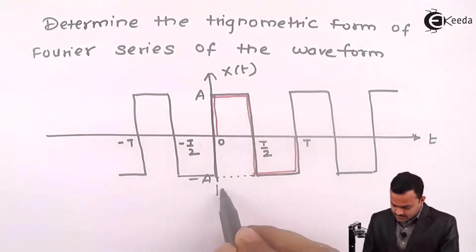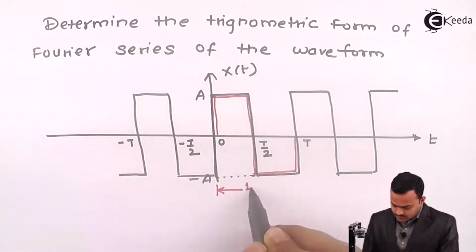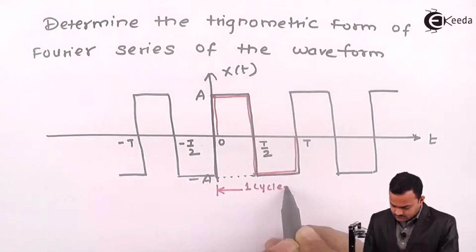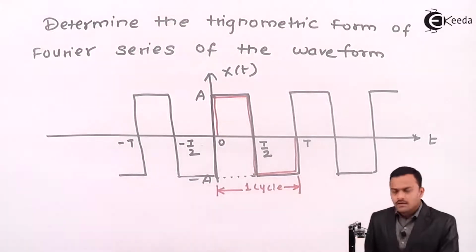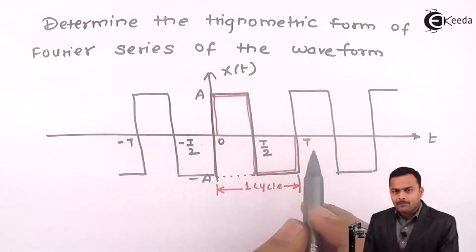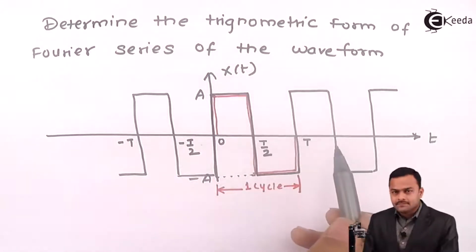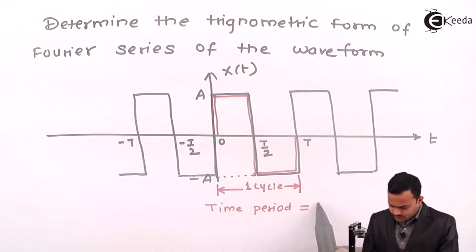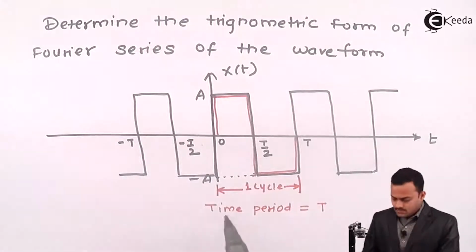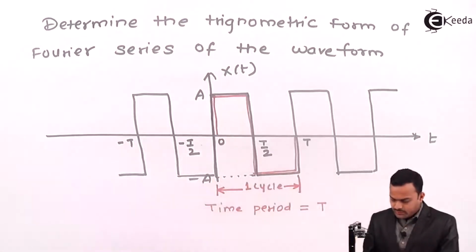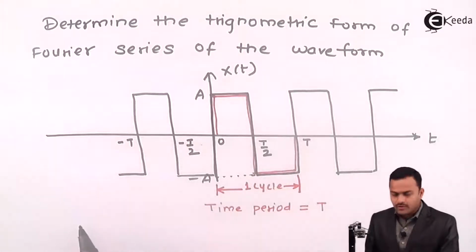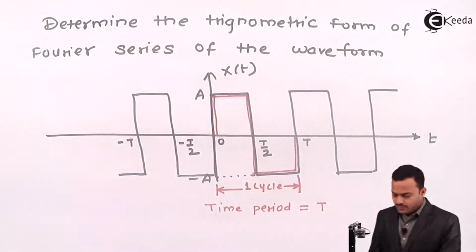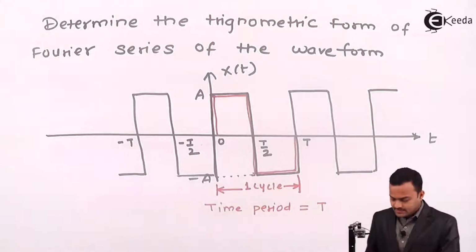So I will consider this as one cycle, and this one cycle is getting completed in T time. So I will consider the time period as capital T. Now only this particular waveform we need to consider for the application of a Fourier series.